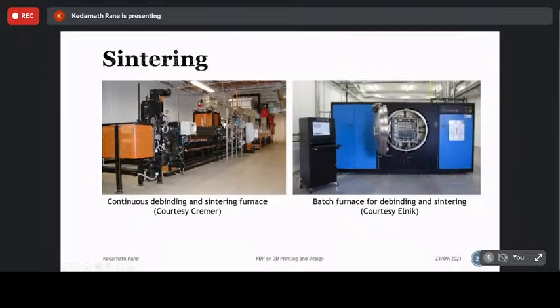But here you have a pusher bed kind of system. As we saw in the schematic, there is a debinding station and a sintering station involved in this kind of system. So that is about the sintering process.